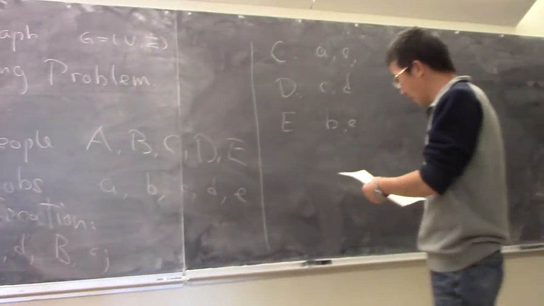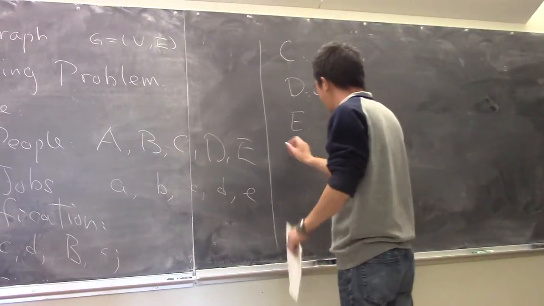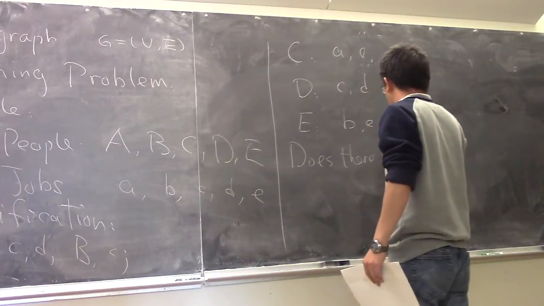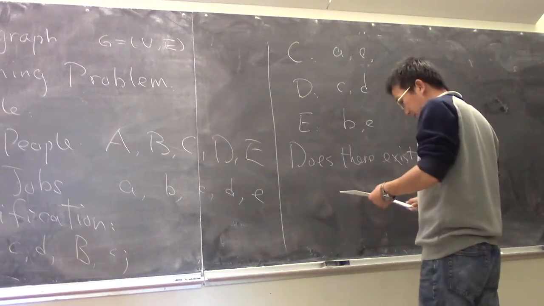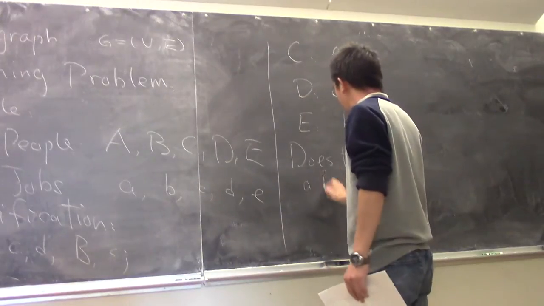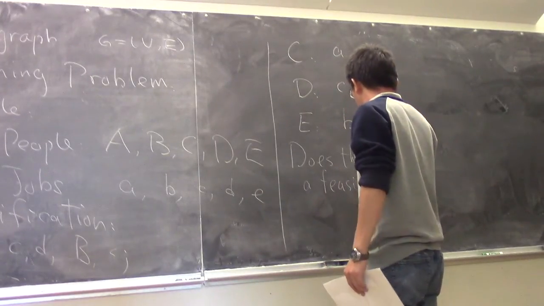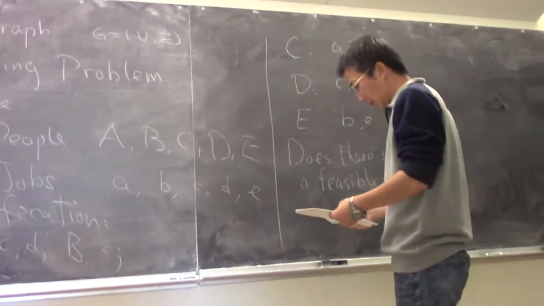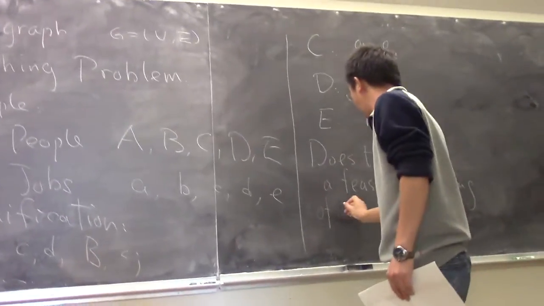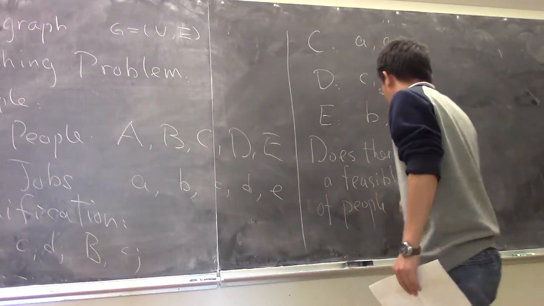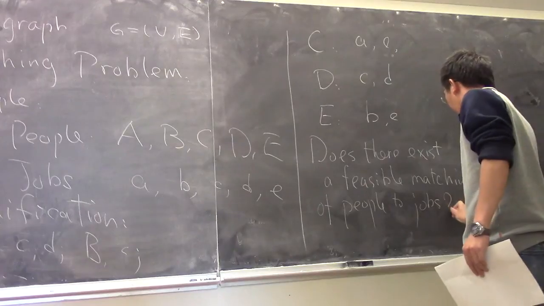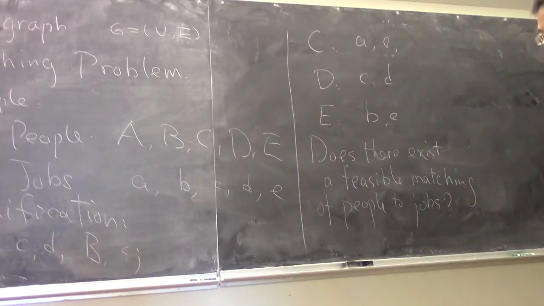Now the question is, can we find that there exists a feasible matching of all of these 5 people to these 5 jobs? That's the problem we are considering.